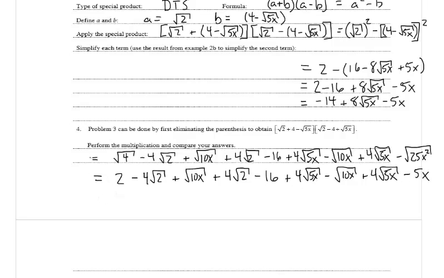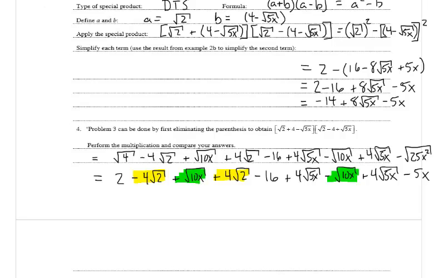And now some of these terms are going to cancel each other out, and we have negative 4 square root of 2 cancels with positive 4 square root of 2, and square root of 10x is going to cancel with negative square root of 10x.